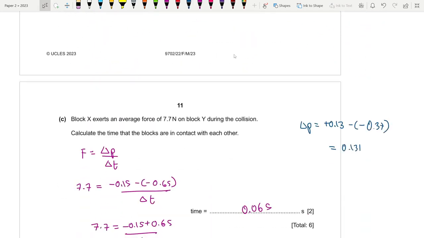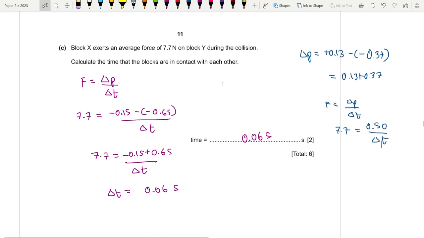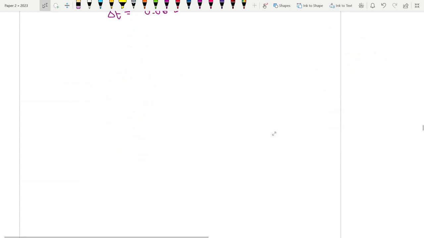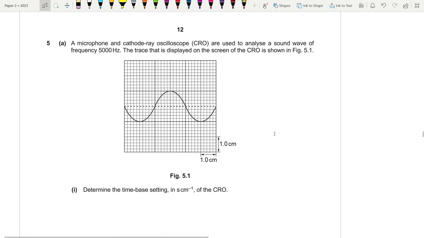So that's 0.13 plus 0.37. F is equal to del P by del T, so 7.7 is equal to 0.50 by del t. That gives you the same value as 0.065. Okay. Moving on to the last three questions.